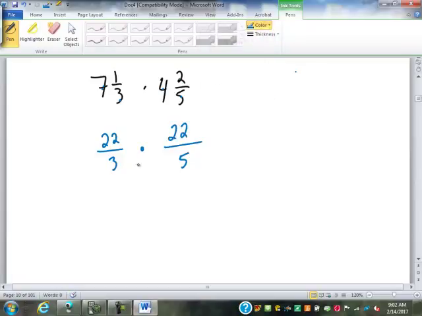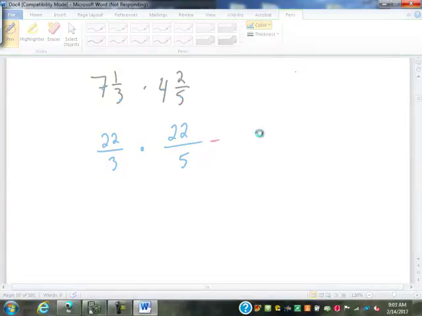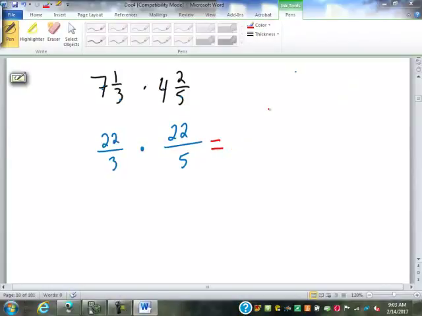Now, we could cross-cancel at this point if there was anything that canceled, but right now there's not. So, 22 times 22 is... What's that? 484.